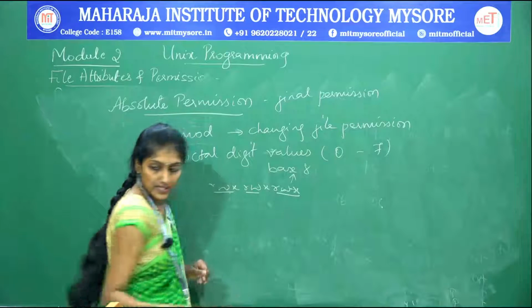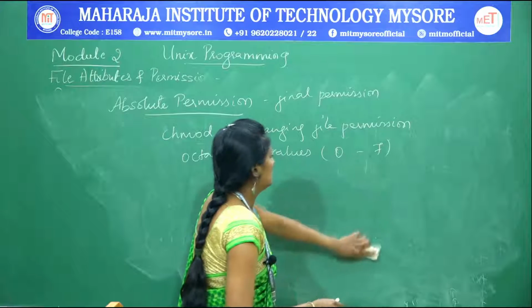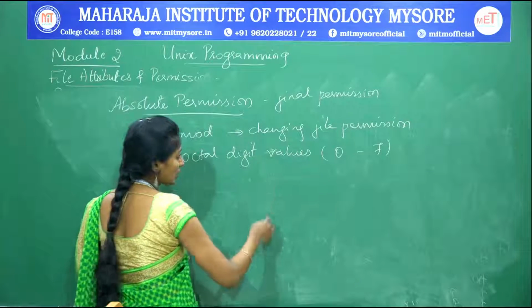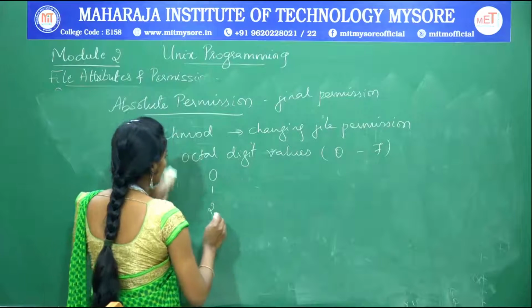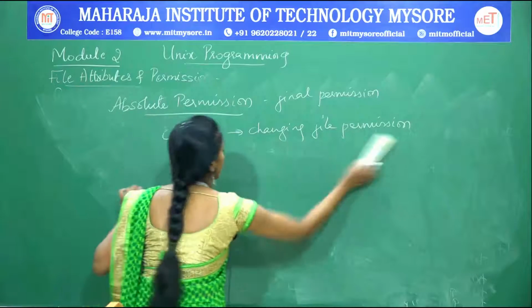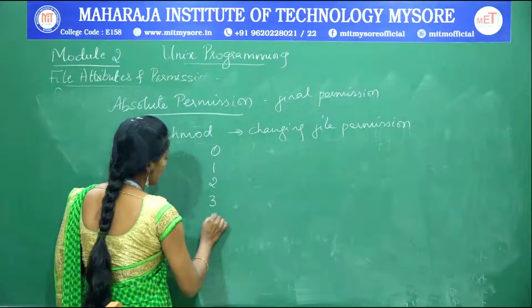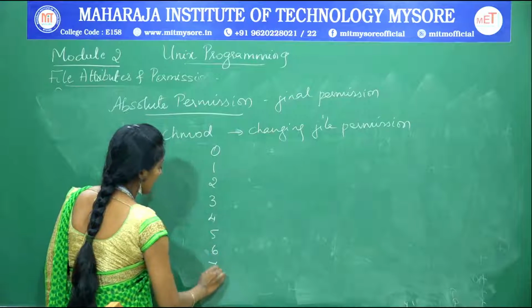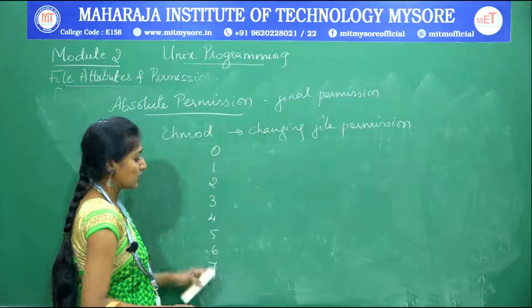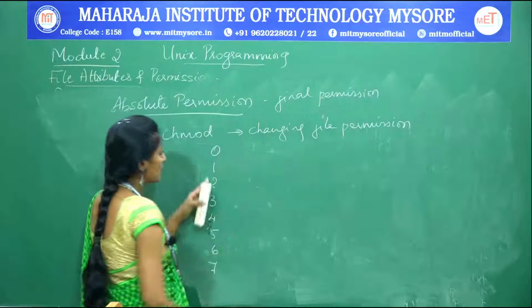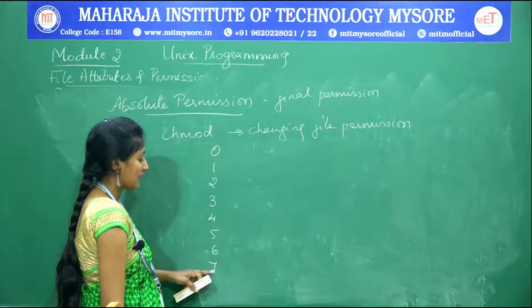The octal digit values are 0, 1, 2, 3, 4, 5, 6 and 7.